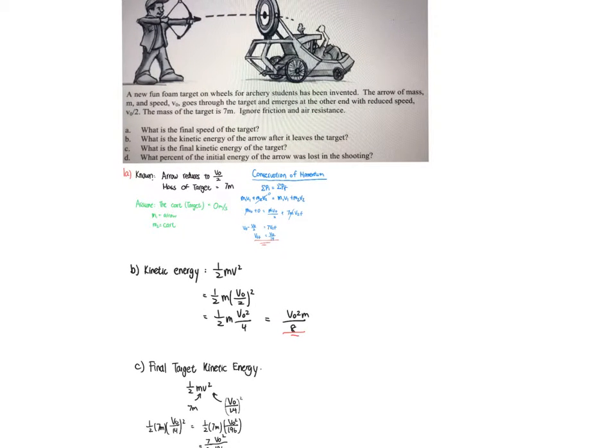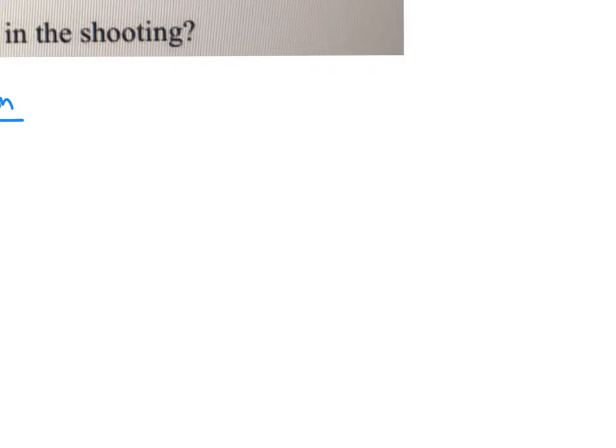It says, what percentage of the initial energy of the arrow was lost in the shooting? Okay. So we're looking for the percentage loss. So percentage loss is actually pretty easy as well. First off, we always need to look for the initial kinetic energy, and then the final kinetic energy.